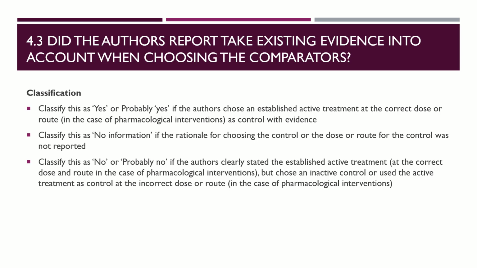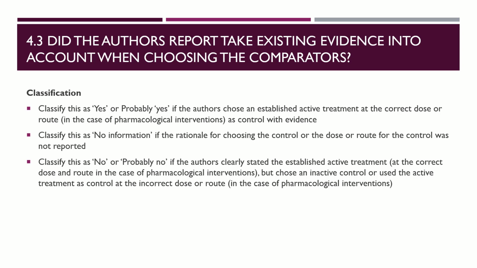Classify this as no or probably no if the authors clearly stated the established active treatment but chose an inactive control or used the inactive treatment at the incorrect dose or route. So they clearly stated currently the standard treatment is oral aspirin at 75 milligram, but we actually chose a different control. We chose no control, for example. That's problematic.